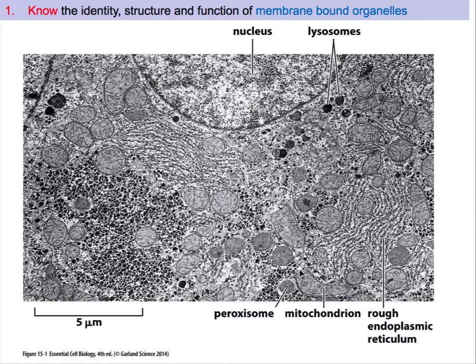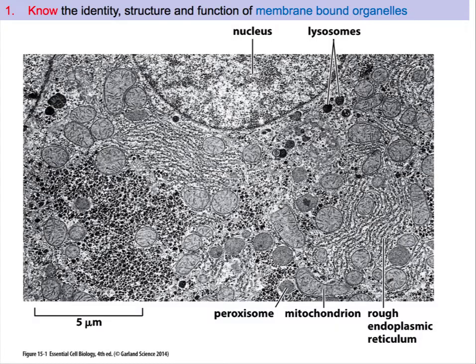But then packed into the cytoplasm are other organelles taking up the vast majority of that space. So here's a mitochondrion, and here's your rough endoplasmic reticulum. There's some more over here. Then you have these granules in various places, and then you have lysosomes, peroxisomes, and many other structures, as we'll see in the next slide.